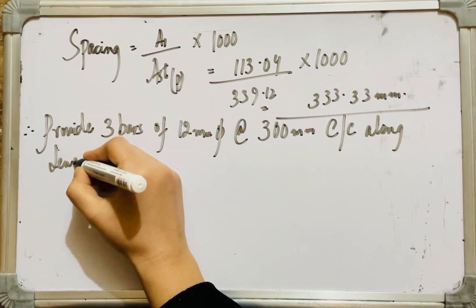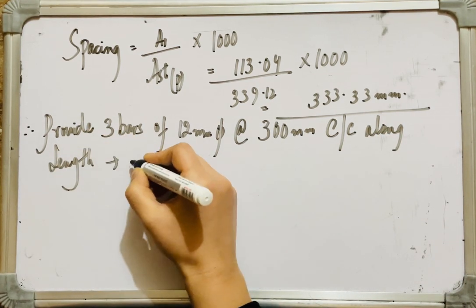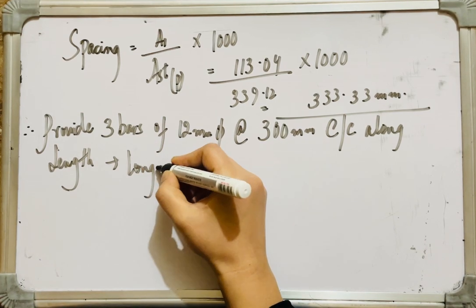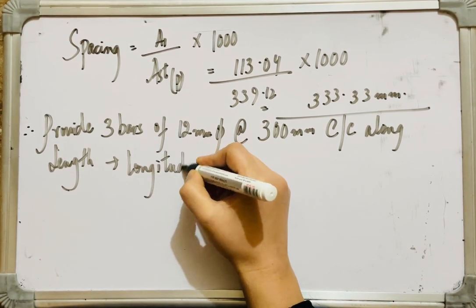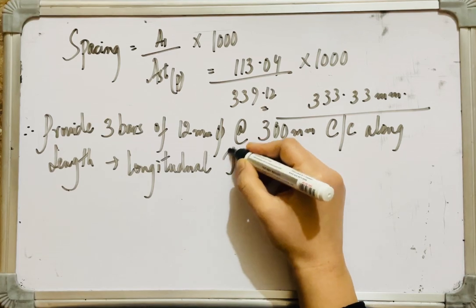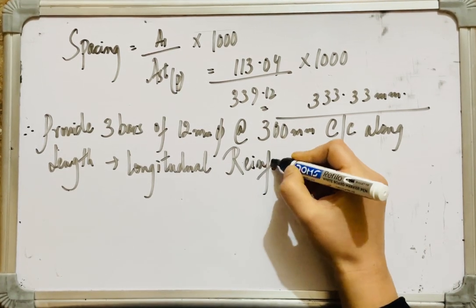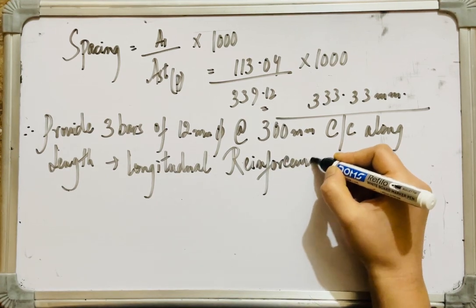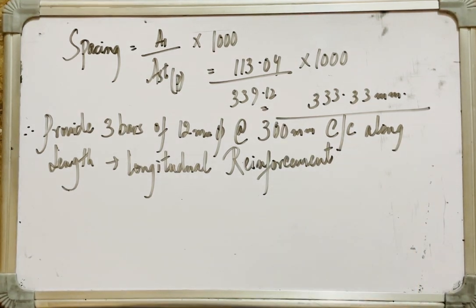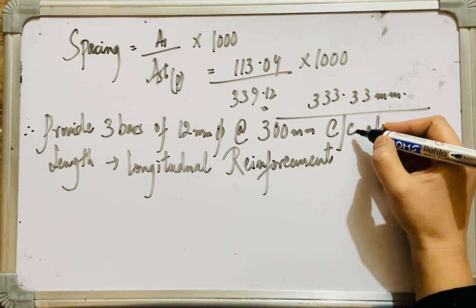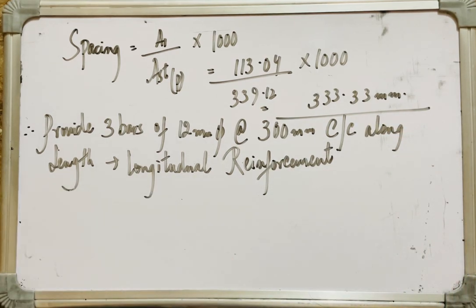So this is my longitudinal reinforcement. All right, students, this is my longitudinal reinforcement. So for longitudinal reinforcement I have provided 3 bars of 12 mm dia at the rate of 300 mm center to center spacing along the longest span, that is length.